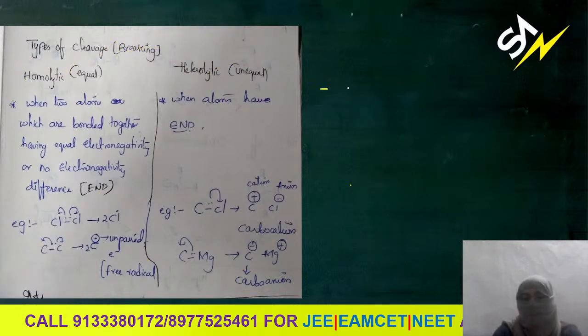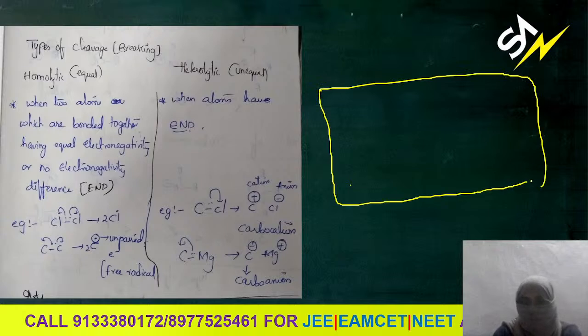So what I'll do here is summarize one thing. If carbon is attached to an element with no electronegativity difference, homolytic cleavage will occur and free radicals will be generated.